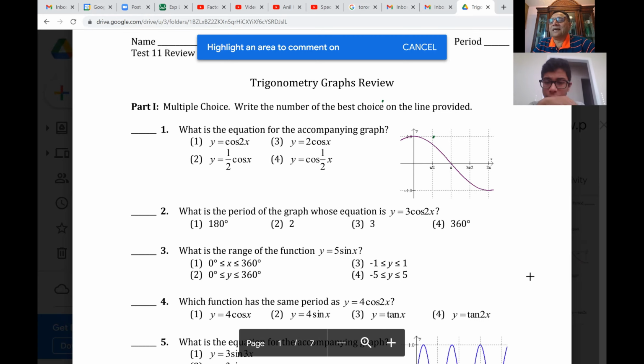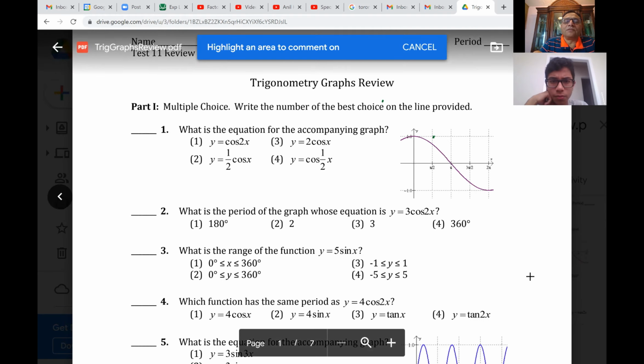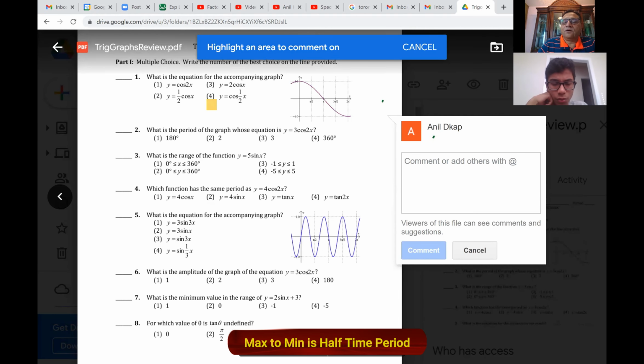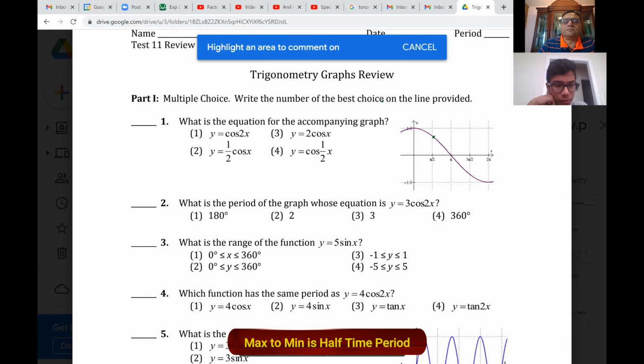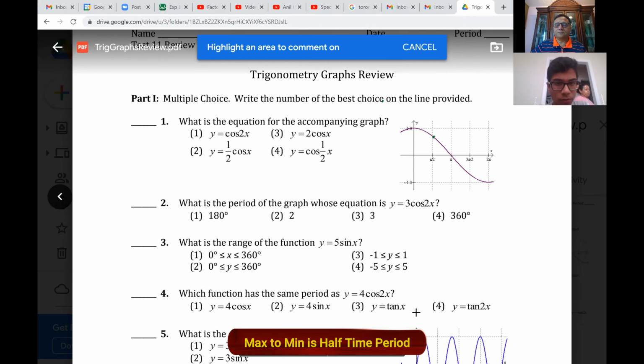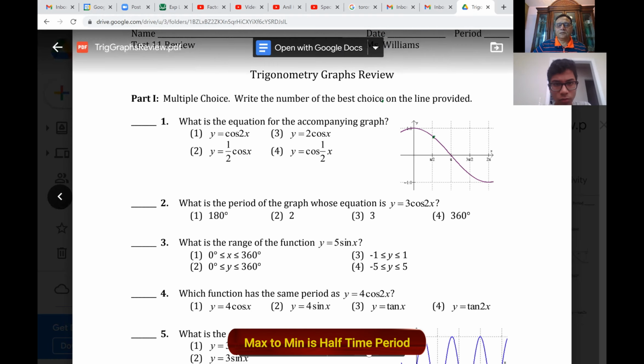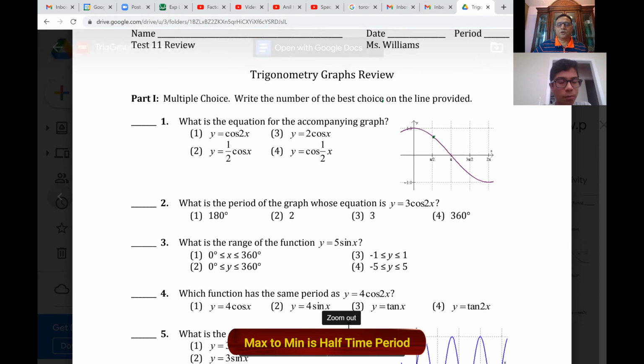K is the number of cycles in one 2 pi, right? So we can write down this answer, and option four is the right option. Is that clear to you? Yeah.